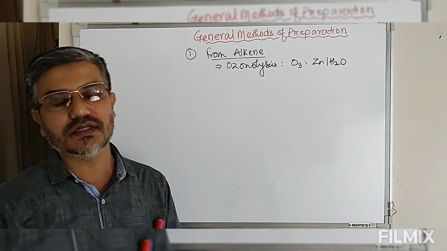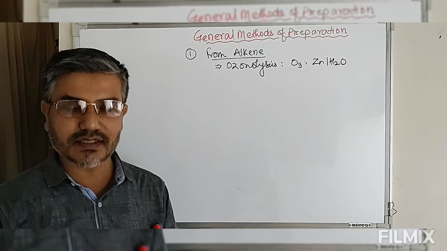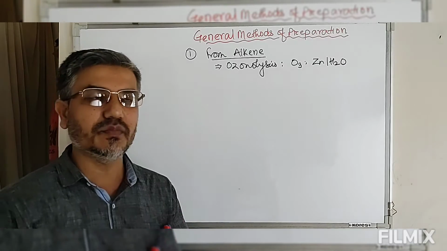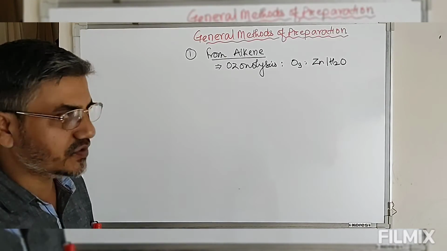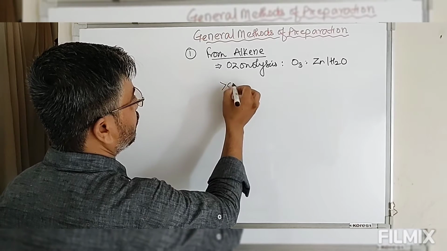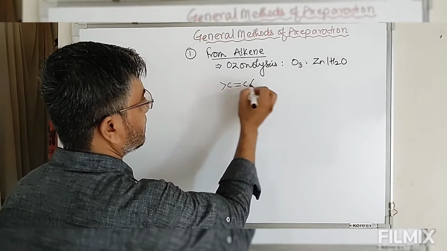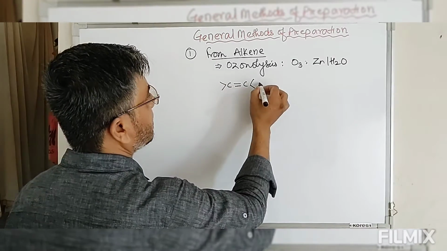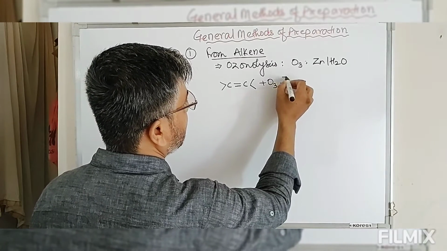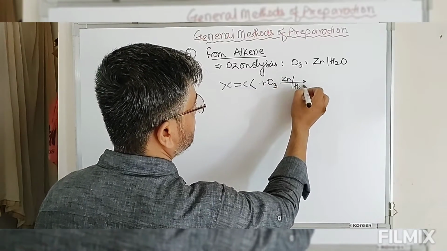So depending on the nature of the alkene, we can get aldehydes, we can get ketones, or a combination of aldehydes and ketones. So the general reaction is, we start with this alkene. This alkene reacts with ozone followed by reduction.